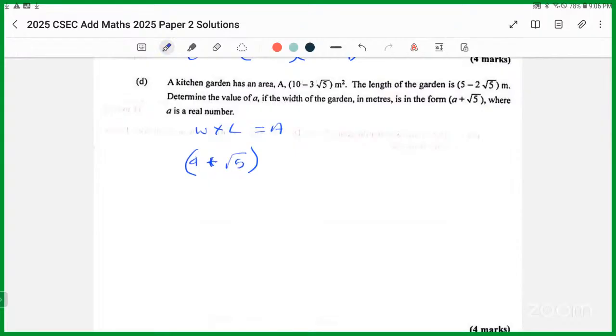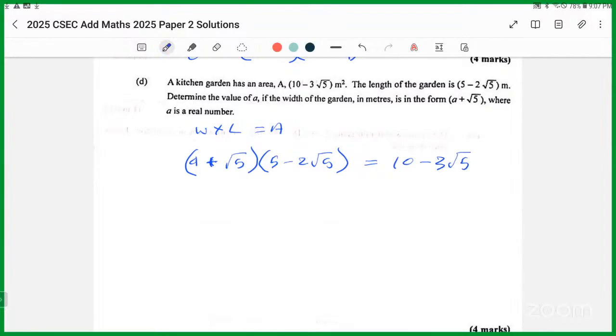It's easy to divide this by this, and I will see what the A is. It's easier that way, rather than multiply and expand it. So let's see. You multiply that now by the length, which is 5 minus 2 root 5. That's all equal to 10 minus 3 root 5.